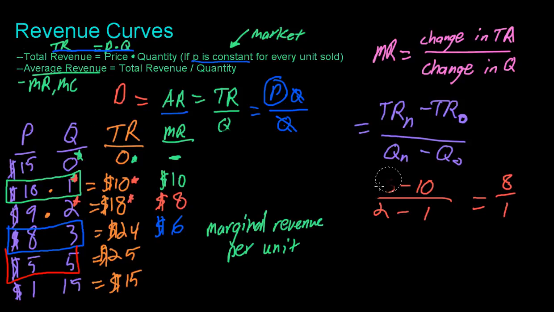So the first thing is that this jump here from 3 to 5, we are selling 2 more burgers here. And here we are only getting 1 more dollar in sales, 1 more dollar of total revenue.